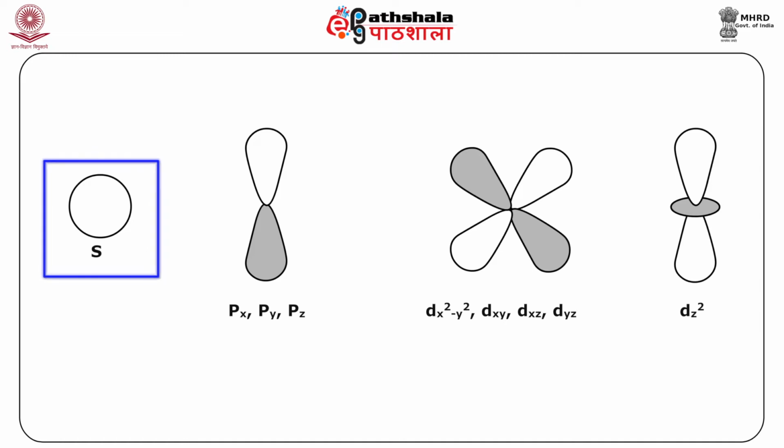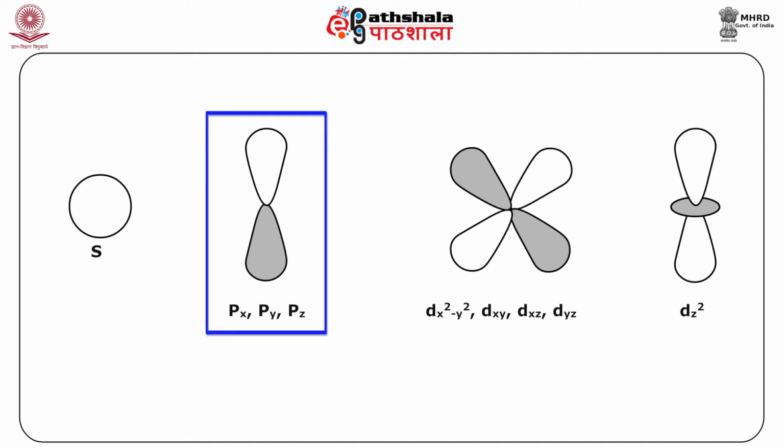So any point, and you reflect that point through the center of symmetry, the sign doesn't change. So these s orbitals are of even parity, or they are called G functions. Similarly, the p orbitals, you know, they are dumbbell shaped and they have a positive lobe and a negative lobe. The shaded portion is a negative lobe, and if you take a point above and reflect it, the sign changes, so it is of odd parity.